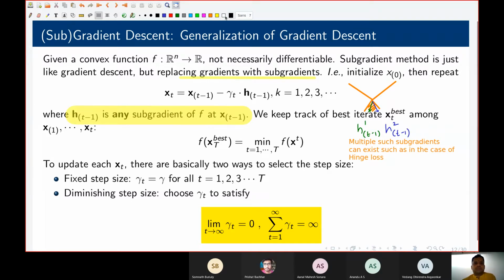This is really murkier than gradient descent, but less murky than stochastic gradient descent.